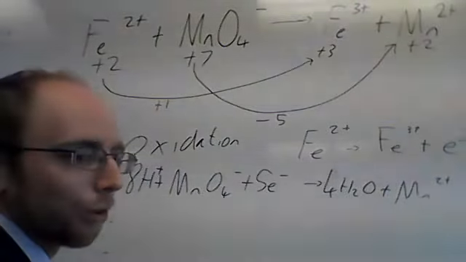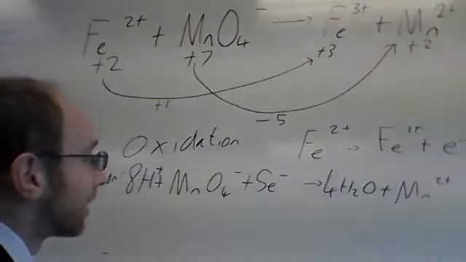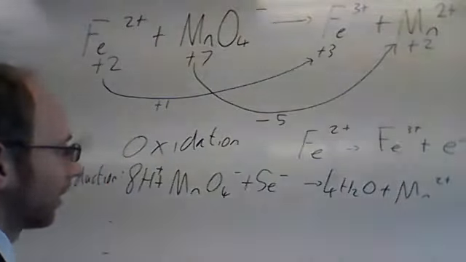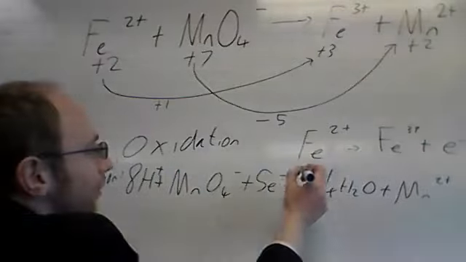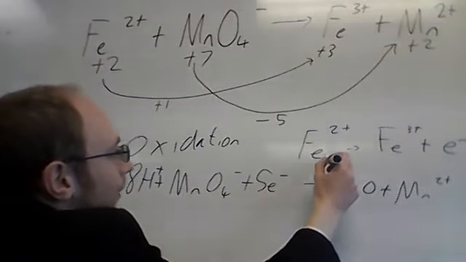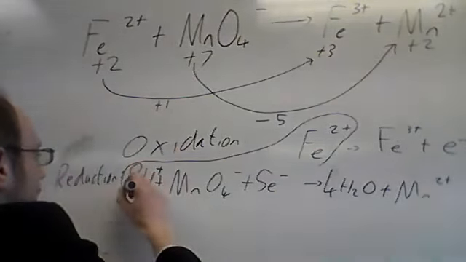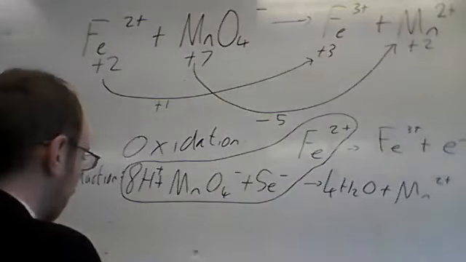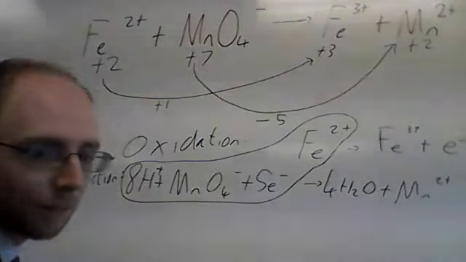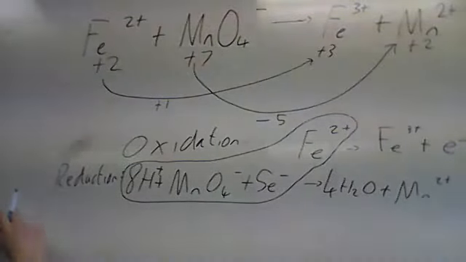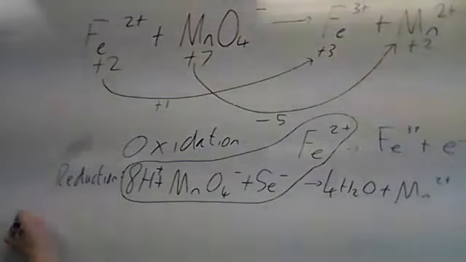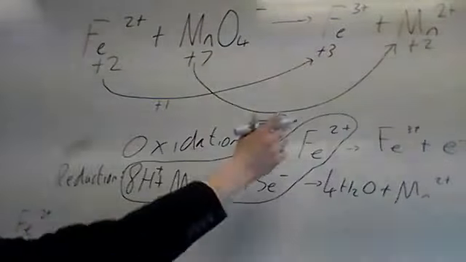So annoyingly, I haven't quite laid it out in a way that's going to make this easy, but to make my overall balanced equation, I just need to take everything that appears on the left-hand side of an arrow. I'm going to move my head. Everything that appears on the left-hand side of an arrow is going to be involved. So, I've got some Fe2 plus on the top.